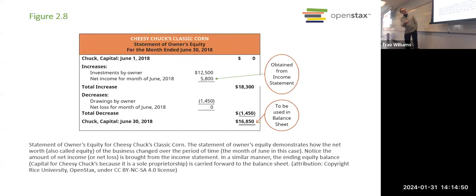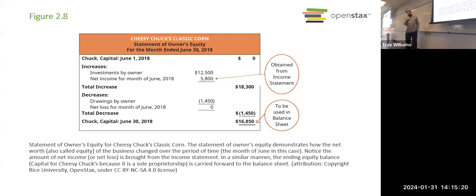Okay, that net income goes here on the statement of owner's equity. So we take the beginning capital, the beginning amount that the owner had contributed to the company, which was zero. But then they contributed $12,500 during this period. And the profit that we made from the income statement also increases the equity, right?